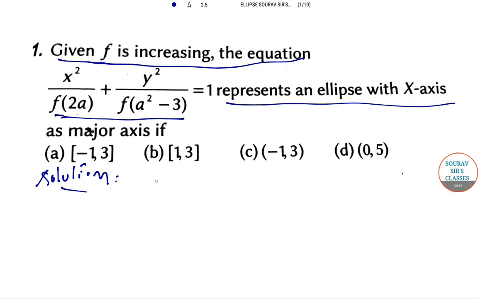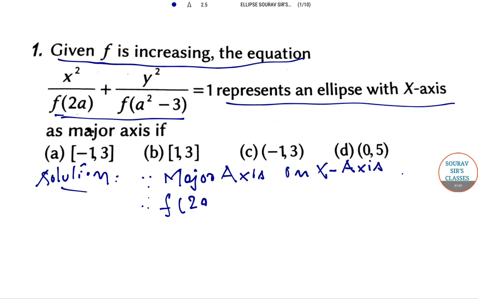So f(2a), since major axis is on x axis, therefore f(2a) is greater than f(a square minus 3).